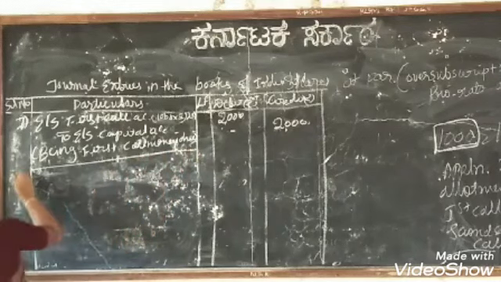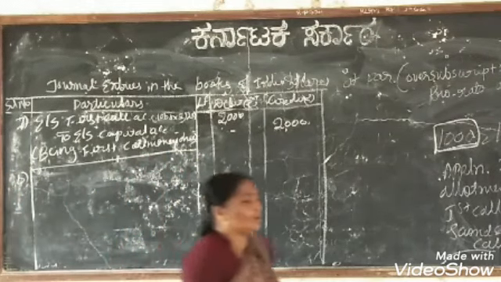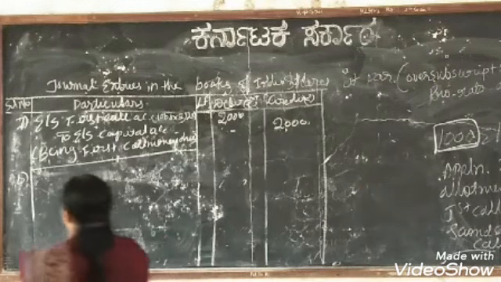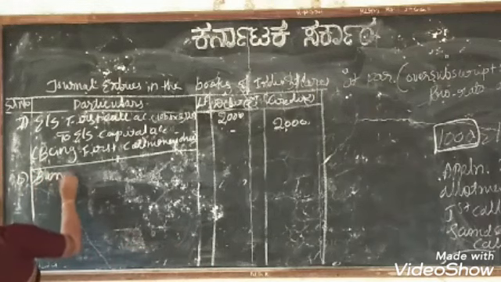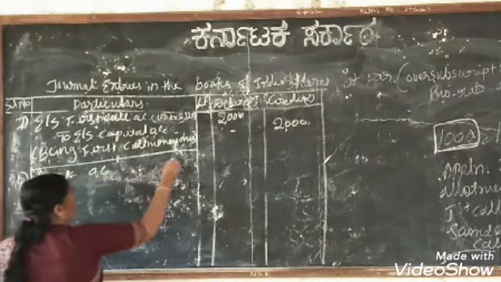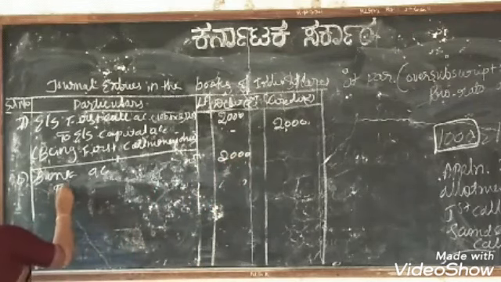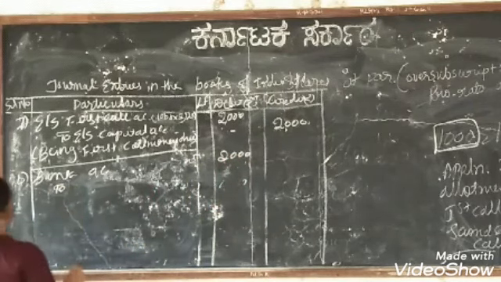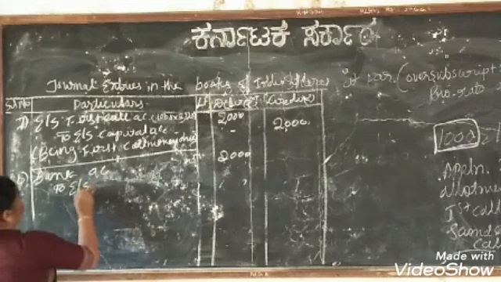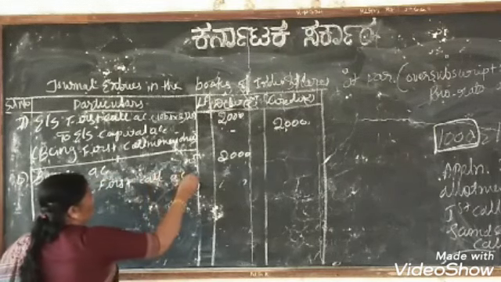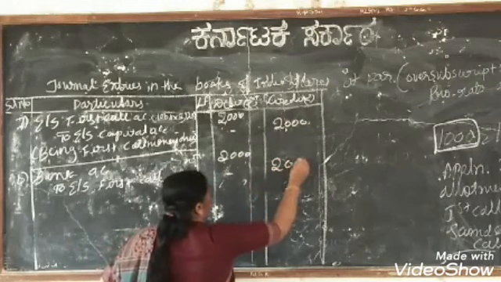The 8th one is what here? 8th entry is for first call money received. Bank account debit, 2,000, to equity share first call account, 2,000.